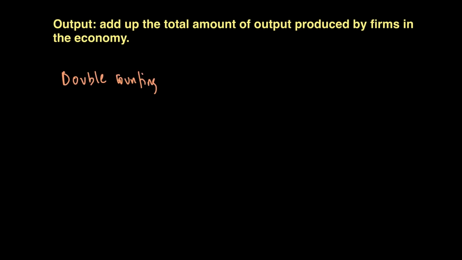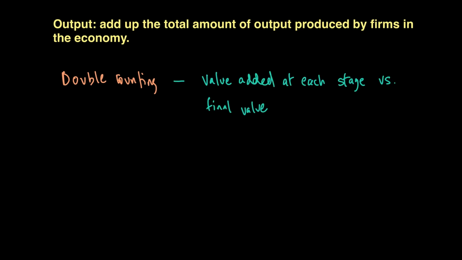For example, if the value of cars sold by a car manufacturer is added to the value of output of, for example, tire firms, double counting can occur, since the value of the car already has the tires included in it. Instead, we just count the value added at each stage, or we count the final value, which means we ignore the intermediate stages.